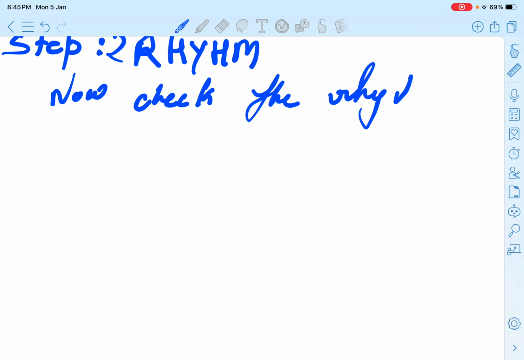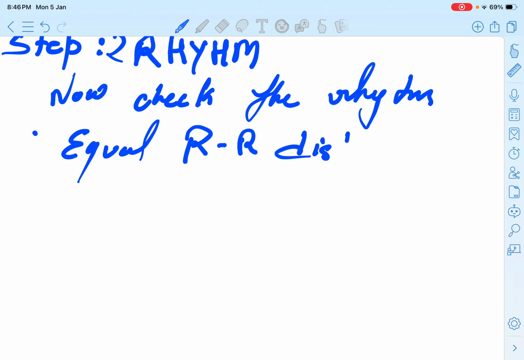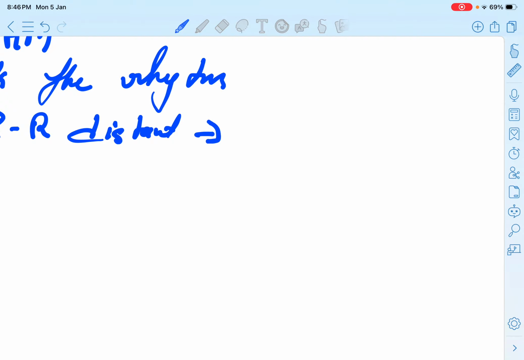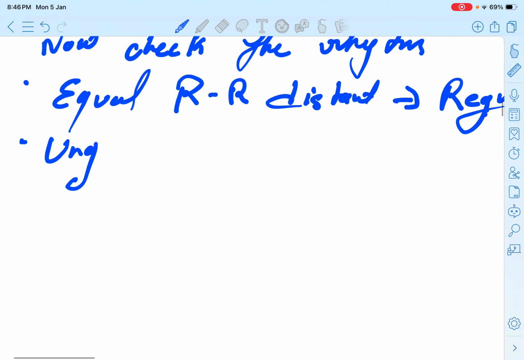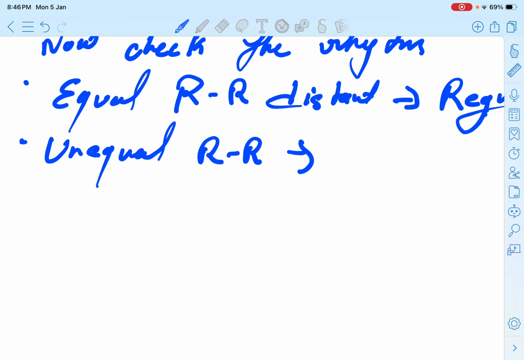Okay. If the R and R distance is equal, normally shown, that is regular. If unequal R and R distance, that is irregular. Now we check P wave, step 3.